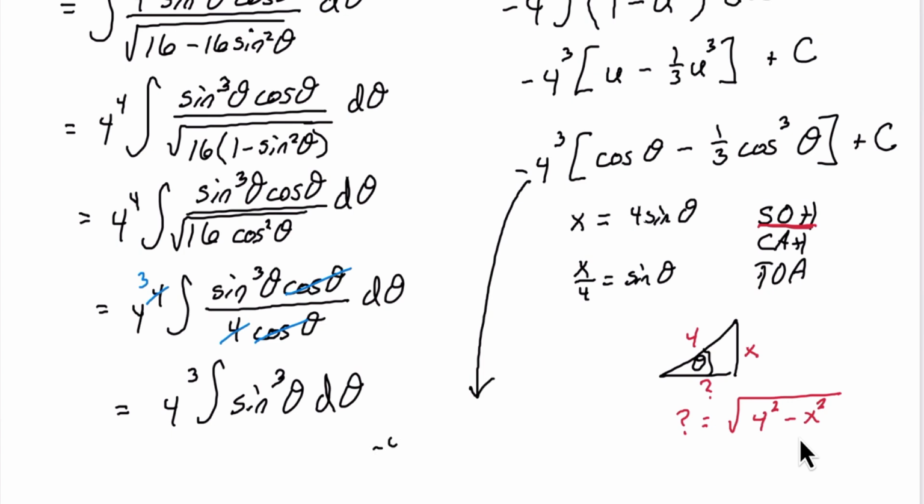We have negative 4 cubed cosine theta. Remember, cosine theta is adjacent over hypotenuse. So adjacent is the unknown part, which we just found: the square root of 16 minus x squared divided by the hypotenuse, 4, minus 1/3 times cosine cubed.